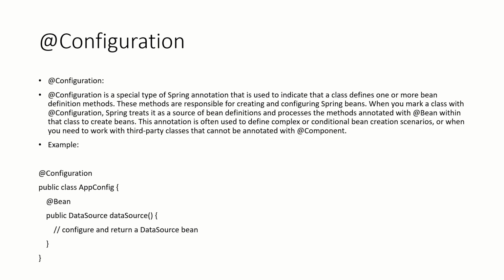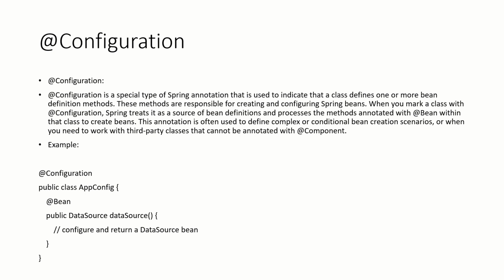That class should always be annotated with the configuration annotation. When we define a class with the configuration annotation, that means we are expecting beans out of that class, and once those beans are created, they are assigned to the application context, and later on Spring manages those beans.